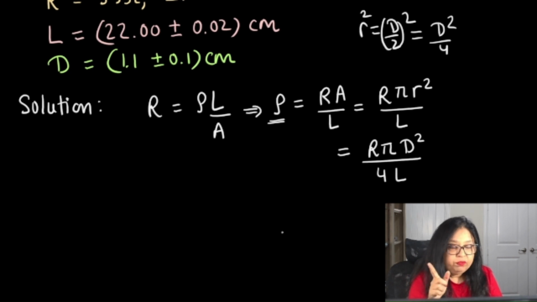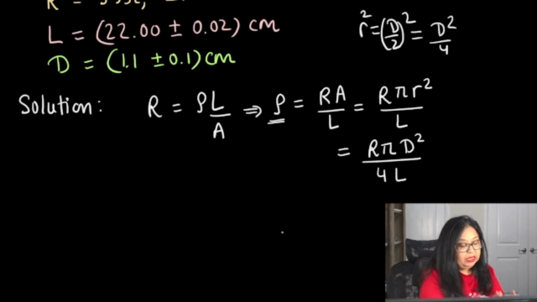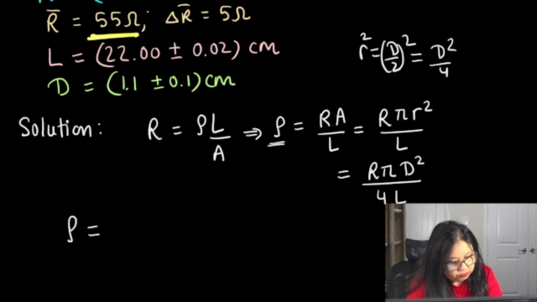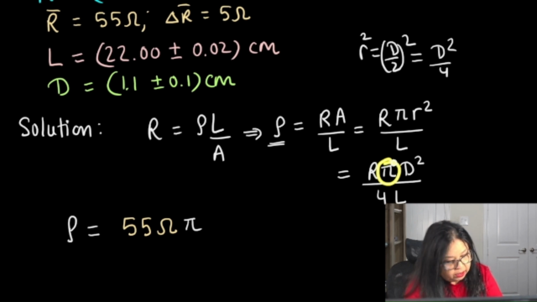Now we're asked to solve for rho. To solve for rho, you have to plug in the values of R, D and L in this equation. Let's go ahead and do that. Rho equals, R is the resistance, 55 ohms from over here. Then I have pi right over here. Then we have D squared. What is D equal to? 1.1 centimeter.